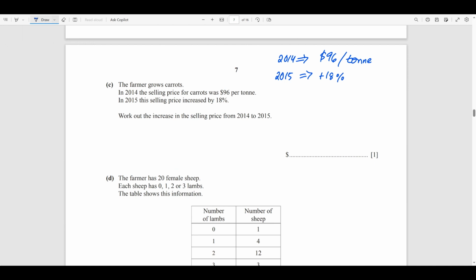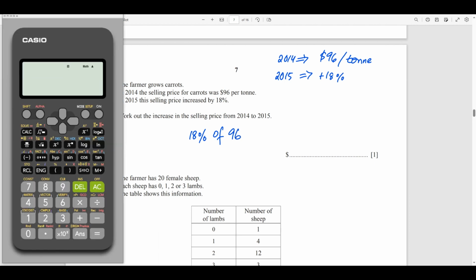Work out the increase in the selling price from 2014 to 2015. So the increment is 18%. So basically we need to calculate 18% of $96, which is 17.28.